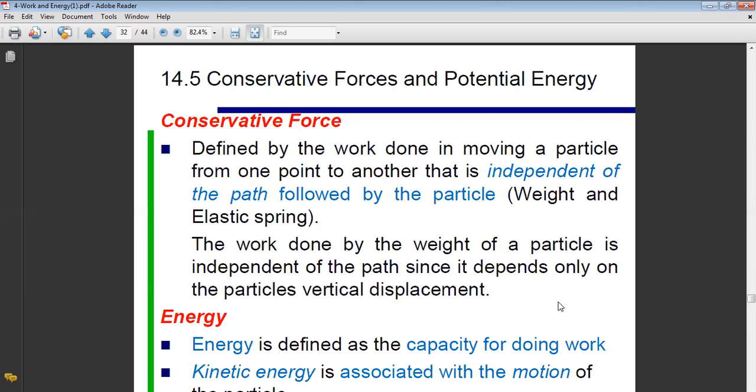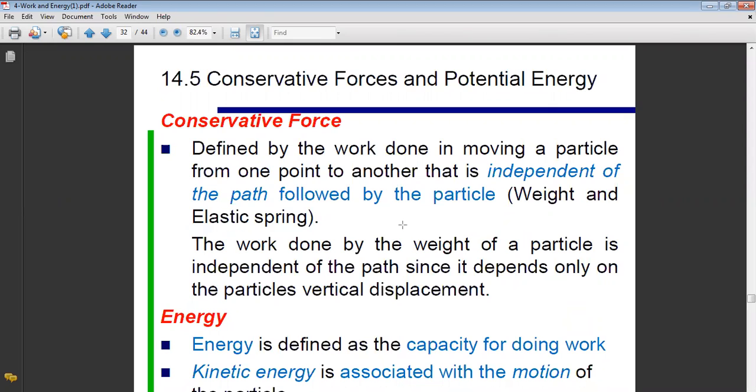What does it mean that I have a conservative force? A conservative force will produce a work that is independent of the path of motion. This means that no losses, because whatever my path is, if I go from one point and reach the same point, the work will be the same.